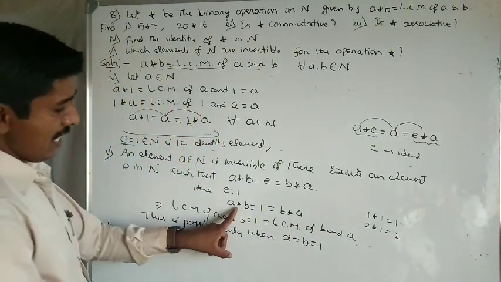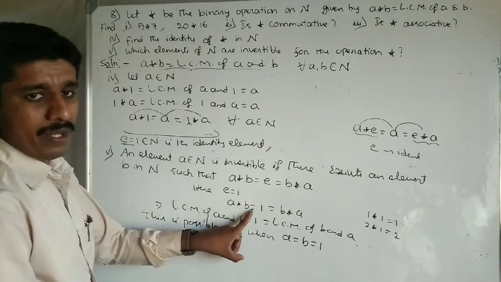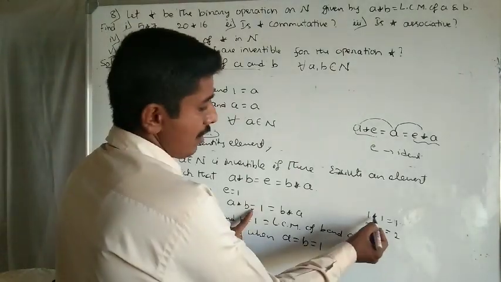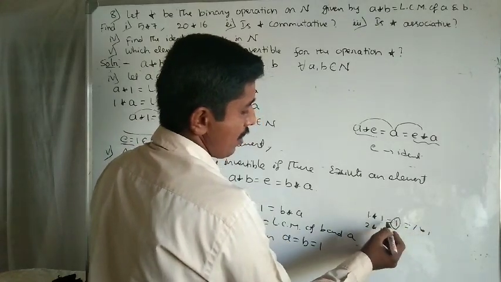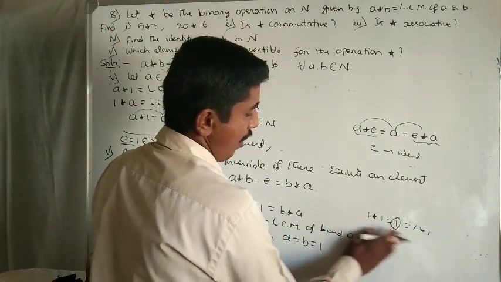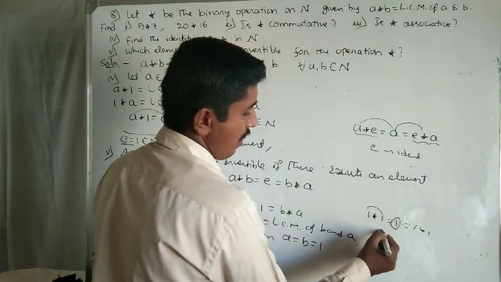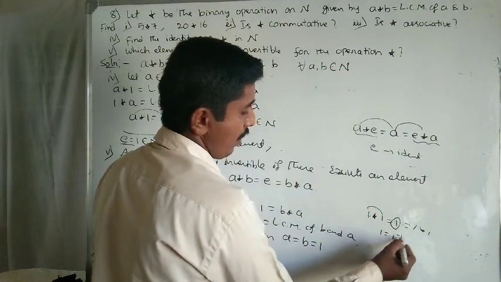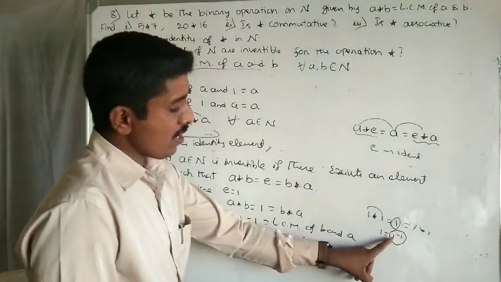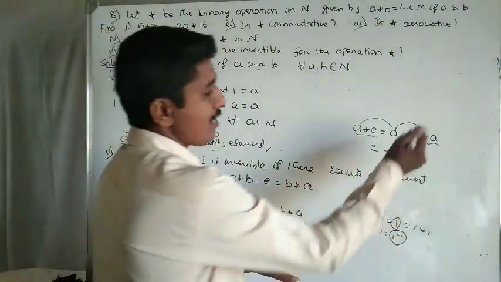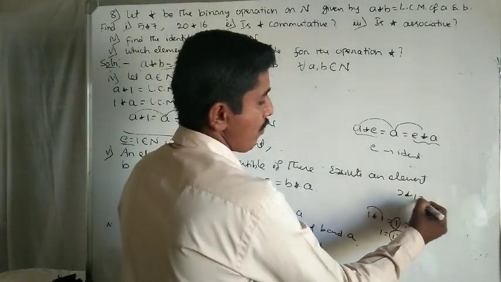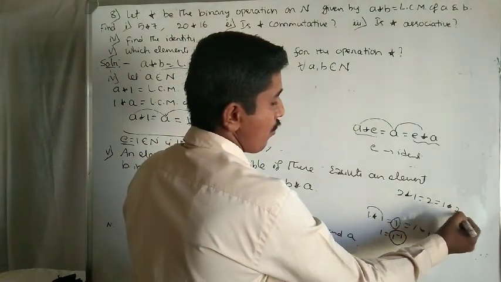Mind it, this case is possible only when A equal to B equal to 1, which means 1 star 1 equal to 1, 1 star 1 equal to 1. This is the identity element. So therefore only 1 is the inverse of 1. Mind it, therefore inverse of 1 exists, but inverse of other natural numbers cannot exist. For example, 2 star 1 equal to 2, 1 star 2 equal to 2.